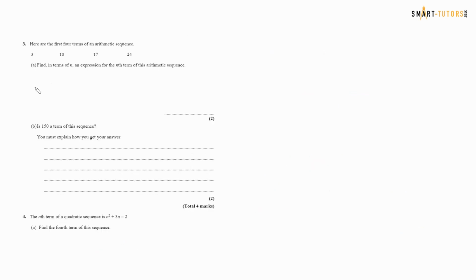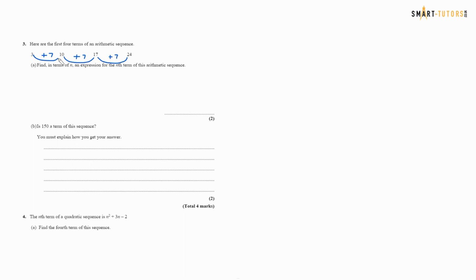Question number 3. Here are the first 4 terms of an arithmetic sequence. Find an expression in terms of n for the nth term of the sequence. First of all we need to find the difference between the first and second term, which is plus 7, and the second and third term also plus 7, so it's increasing by 7 all the time.